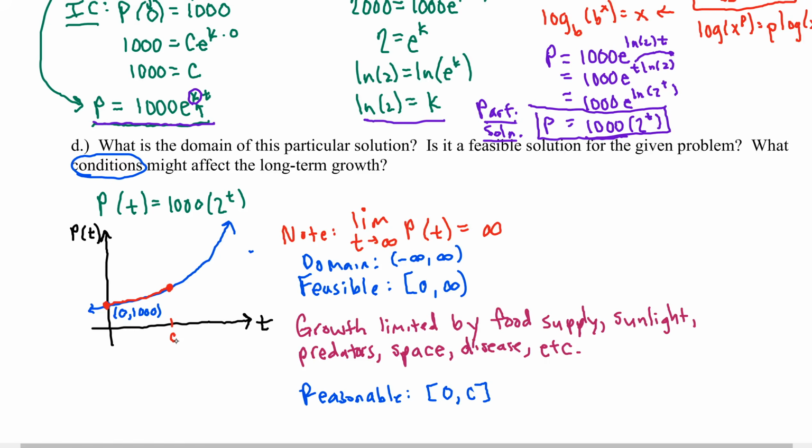So that happens a lot in models. You do have an interpretation of the solution, but it may not necessarily apply over the entire domain of your solution. So oftentimes we restrict the domain to model a particular time period for that aspect.